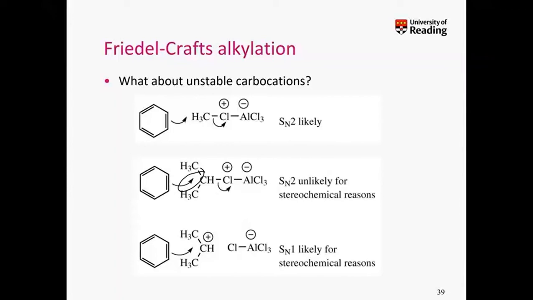So this is just, again, an awareness. If you put RCl plus AlCl3 equals R plus, that's fine. I understand, and you understand that what that system generates is a carbocation. And we have an appreciation that if it was an unstable carbocation, it probably would react like the bit at the top.